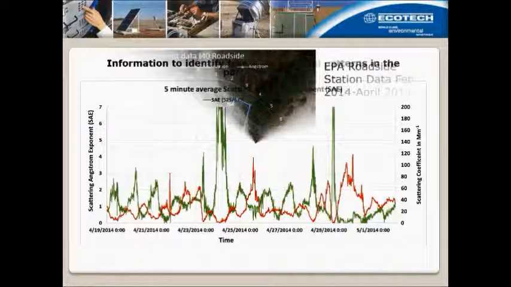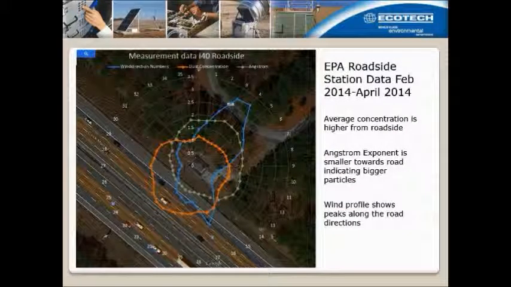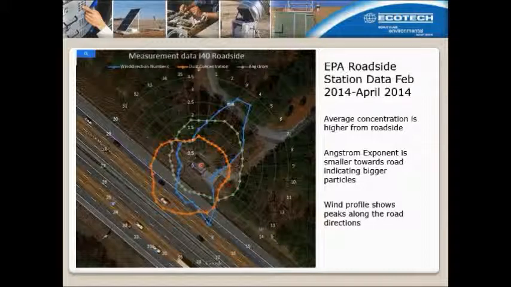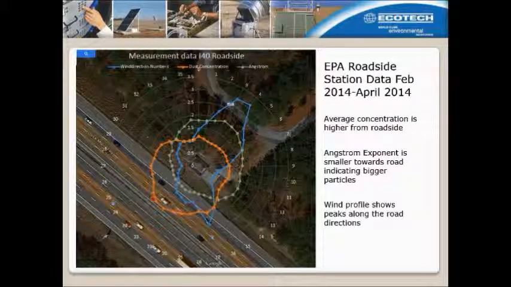When you look at a site like the roadside here, where we did the measurement, you can see in a windrose plot that the road produces the higher concentration, because all of the concentration numbers in that angle area are higher than from the other side, where you have mostly some trees around.